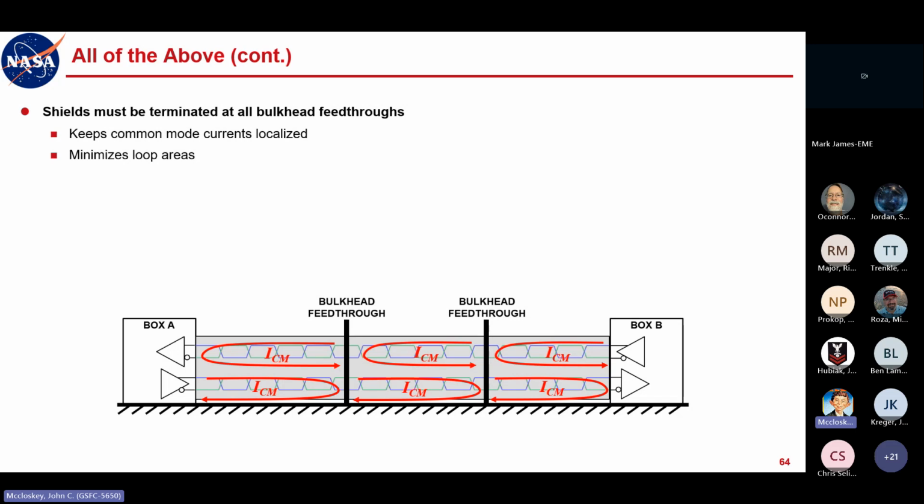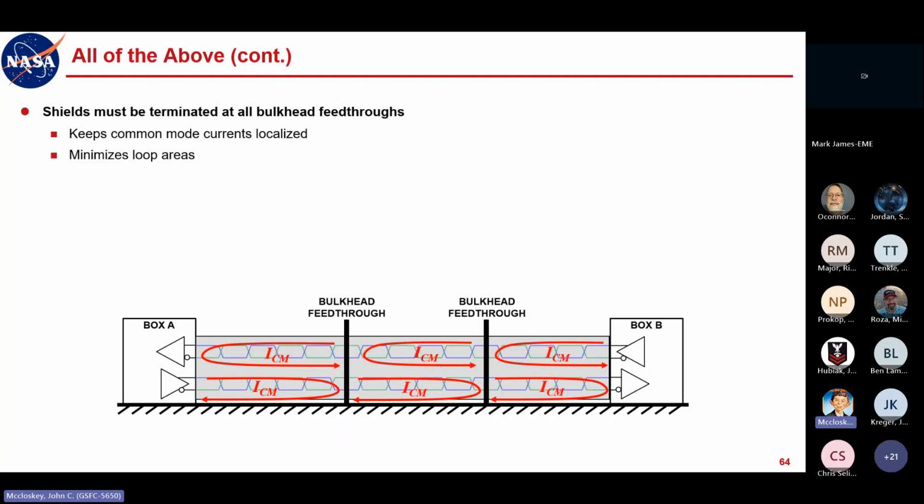And one thing I wish I put in the charts here, but Mike had brought up an antenna effect, right? If the cable is open circuited on either side, if the shield is open circuited on either side, it can behave as an antenna. Any of these cables can and will behave as antennas. It's just a matter of degree.